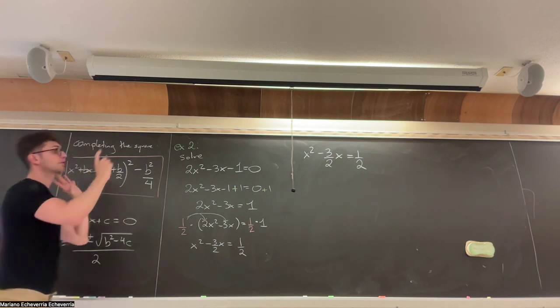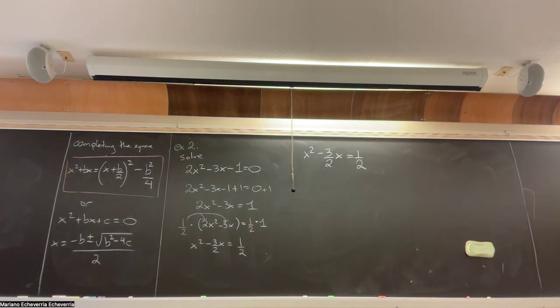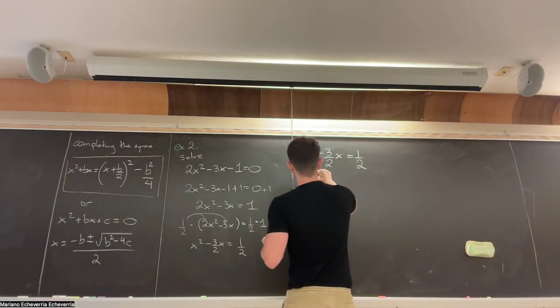So b is always the coefficient in front of x. It can be positive or negative, that's totally fine. The formula works regardless. So b is just the number in front of x, which in this case happens to be -3/2.